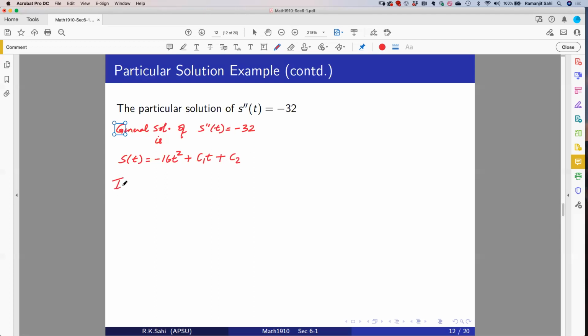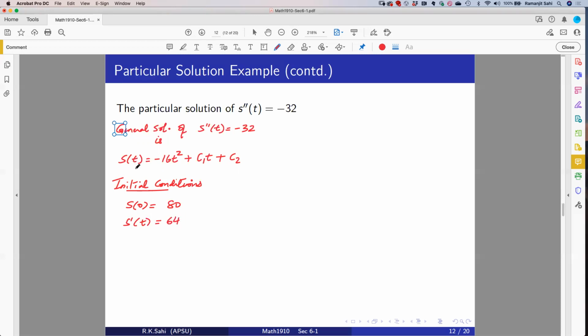Now remember the two initial conditions we are given: s of 0 is 80 and s prime of 0 is 64.